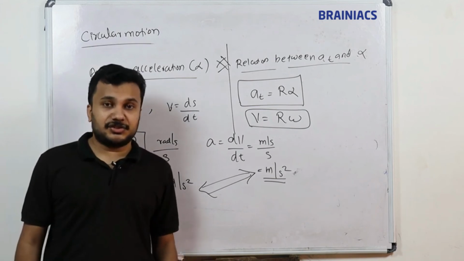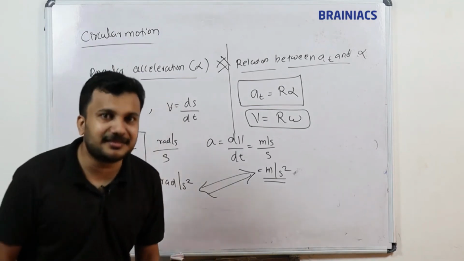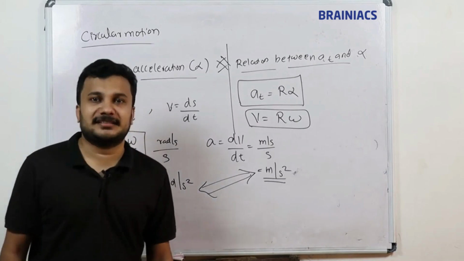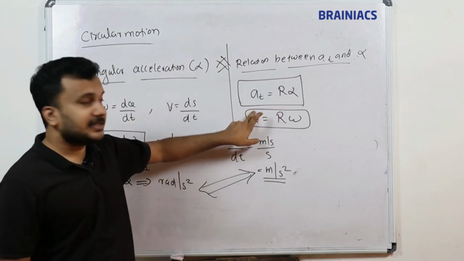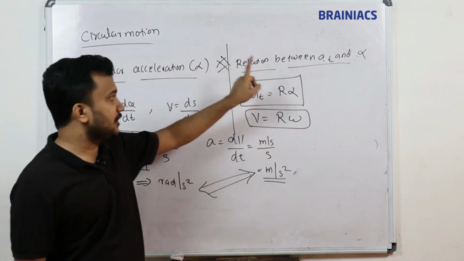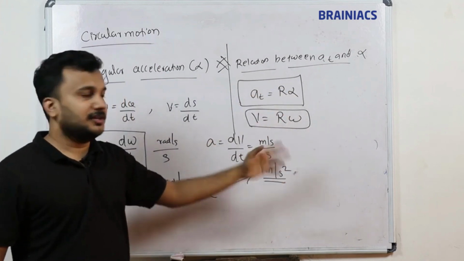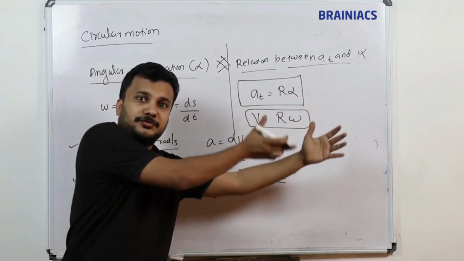Tangential acceleration exists for circular motion, but it is more or less equal to linear acceleration. AT is equal to R alpha. V is linear motion, omega is circular motion. A is linear motion, alpha is circular motion. So a linear quantity is equal to R times the circular quantity.